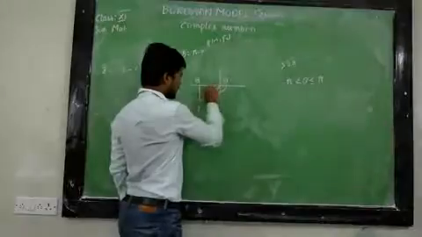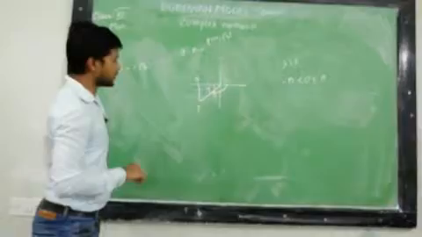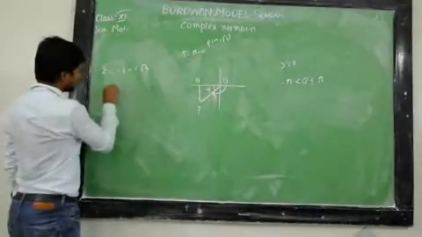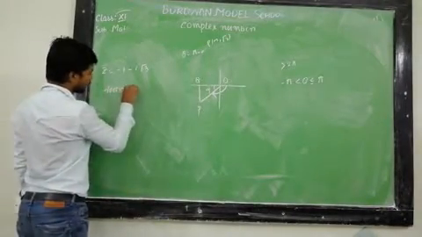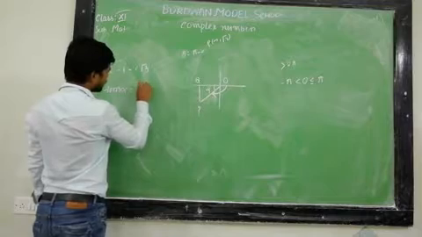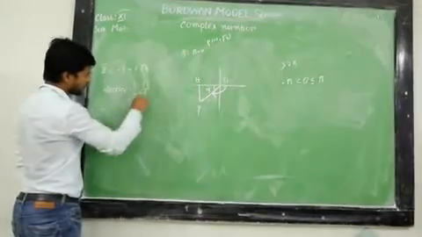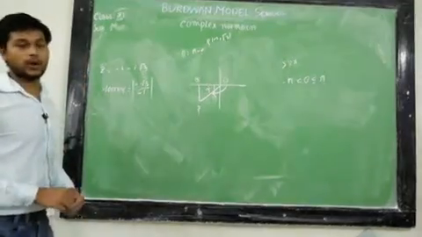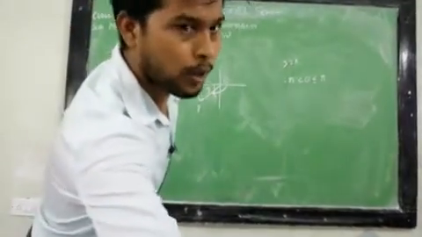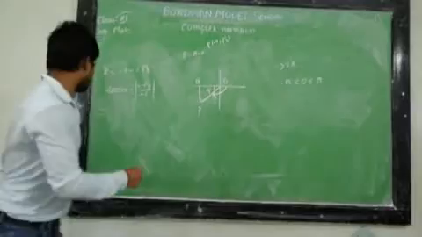So if this angle is alpha, then similarly we can say tan alpha is equal to √3 by 1, or you can put the minus sign, but in that case you have to put a modulus sign.